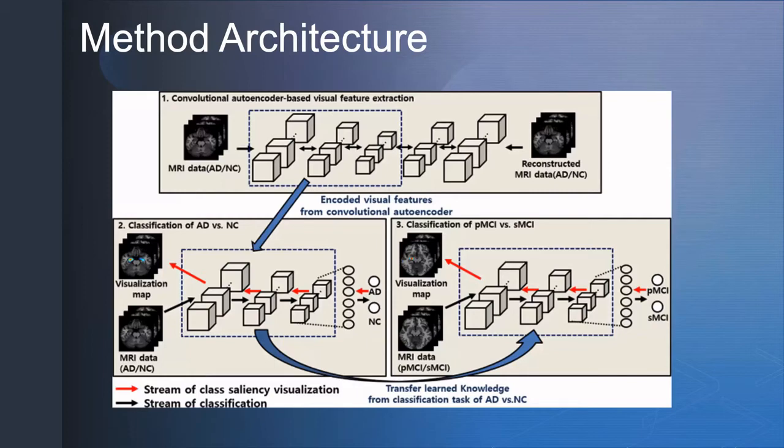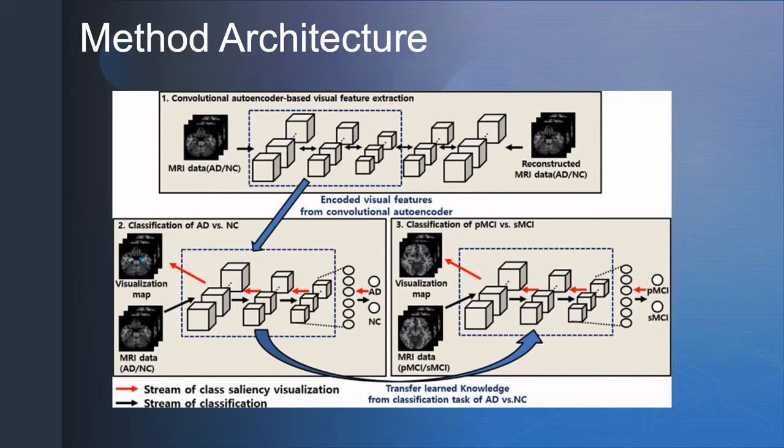And here's the explained method architecture. The first step is that the convolutional autoencoder-based unsupervised learning is conducted to extract sparse representations. Then the Alzheimer's disease and normal control classifier is created through supervised fine-tuning.